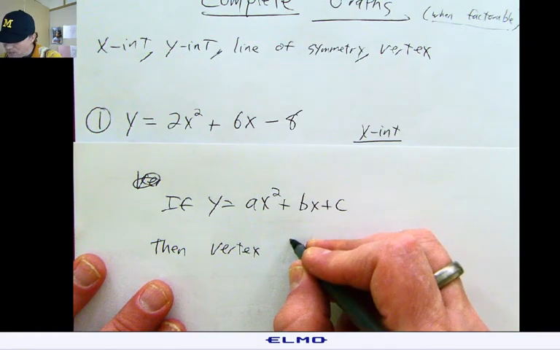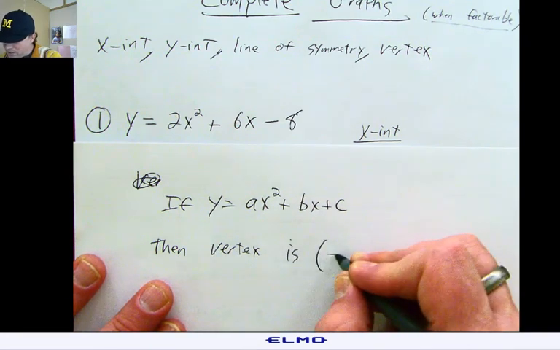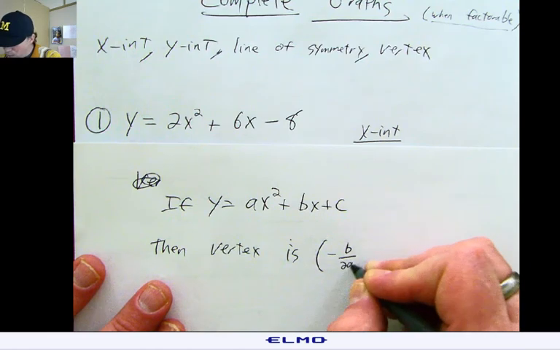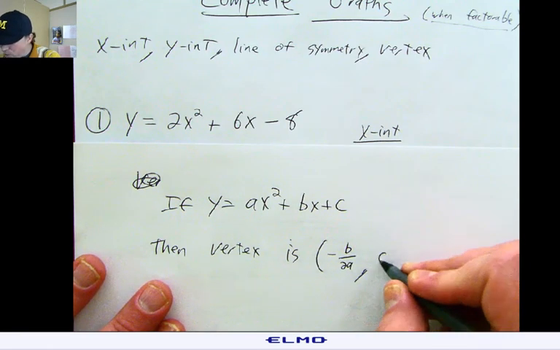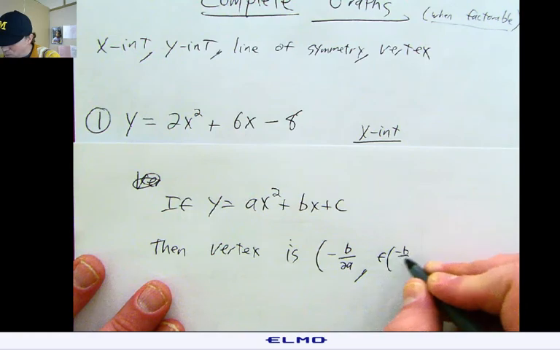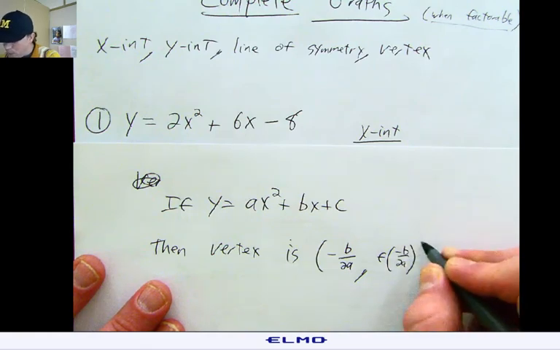So the vertex is -b over 2a, and then essentially whatever f of -b over 2a is for the y-coordinate.